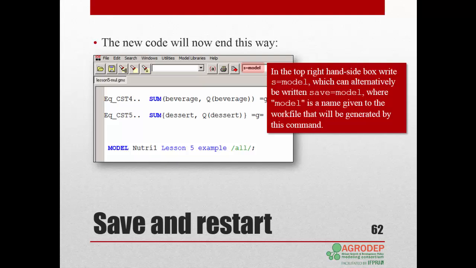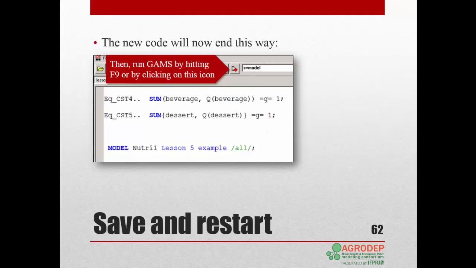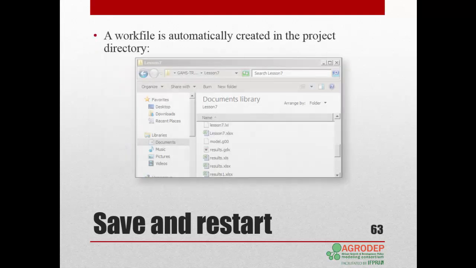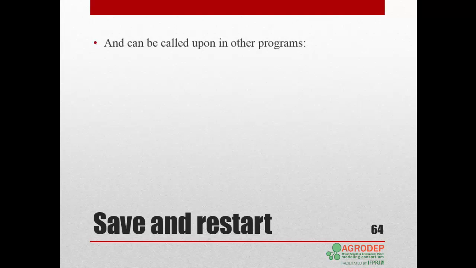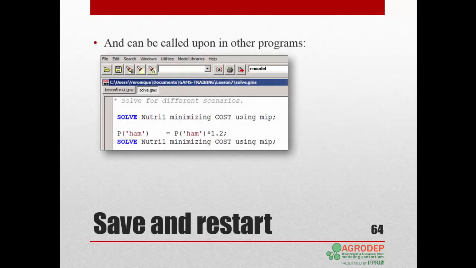GAMS will save all the information collected at the end of the run of this program in the work file. Run the program by pressing F9 or by clicking on the red arrow icon. A work file is automatically created in the project directory. It is named model and has the suffix G00.